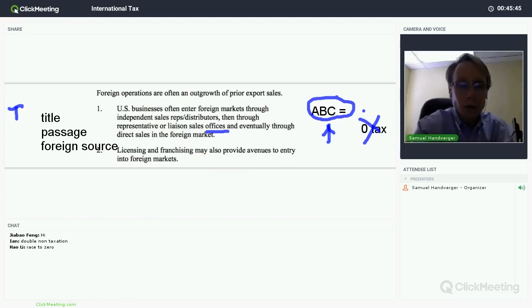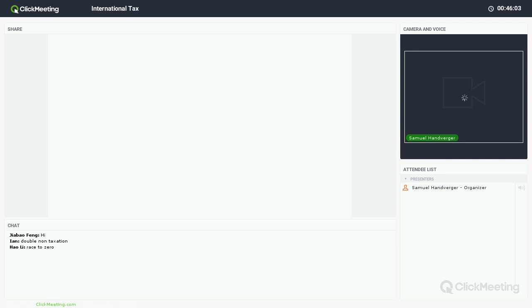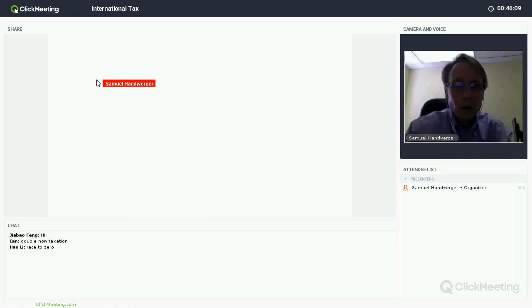That brings up one more topic in terms of the worldwide taxation we've been talking about. Back to our whiteboard for a second. We mentioned earlier tax worldwide, basically, but not all foreign source.